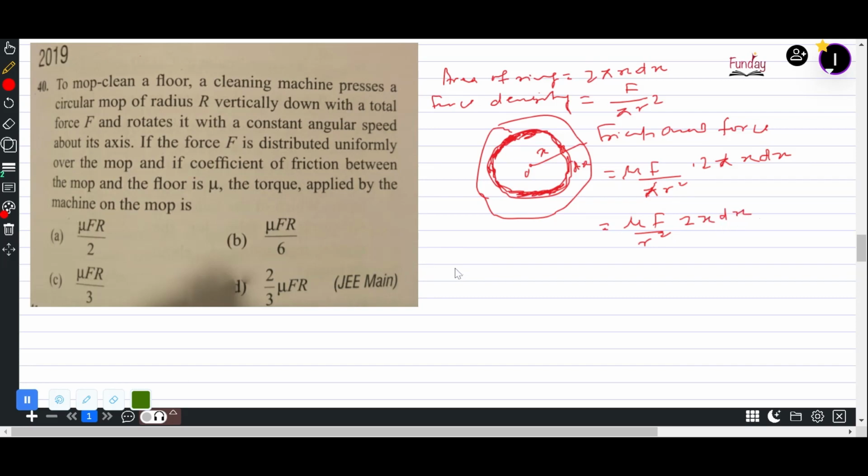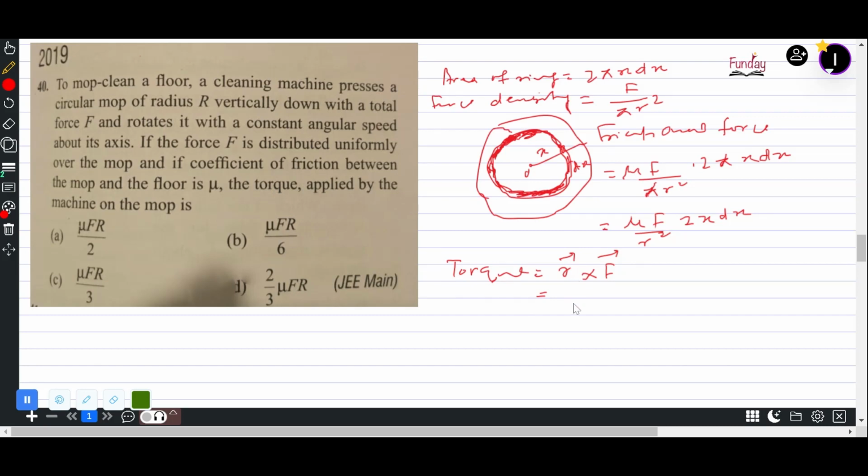Work done by the force, torque by the force, torque will be r cross F. Now, here the frictional force and the distance from the center are at 90 degrees.